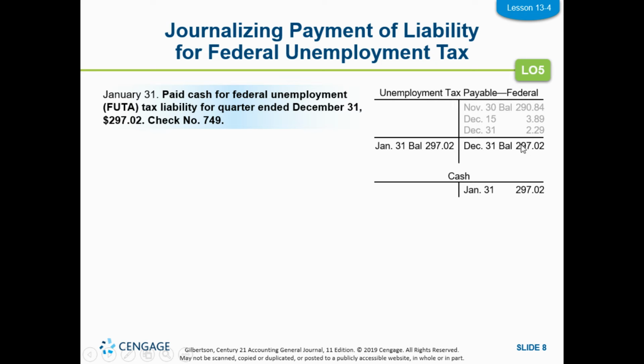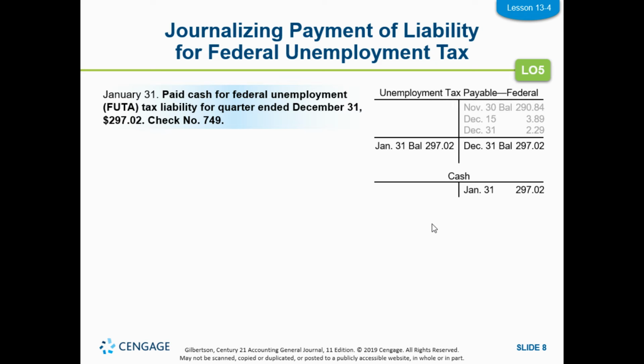And again, once we reach $7,000 for each employee, we don't have to pay it for them anymore. But here we have a liability as of December 31 of $297.02. On January 31, we're decreasing the liability down to zero, right? And crediting cash. Quite simple.